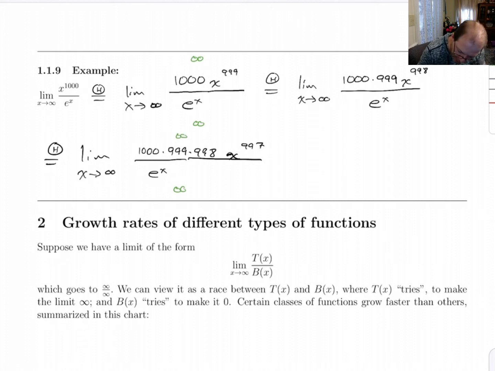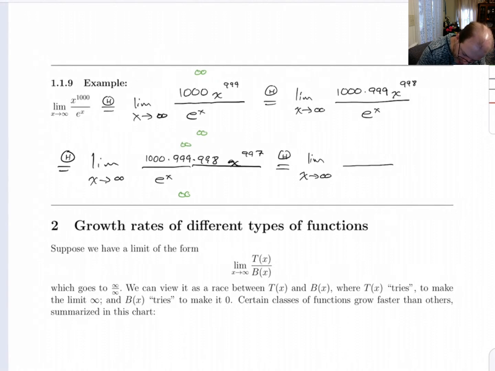I don't want to write out all the steps here because that would be insane. But let's think about it. I should probably put a dot, dot, dot here.